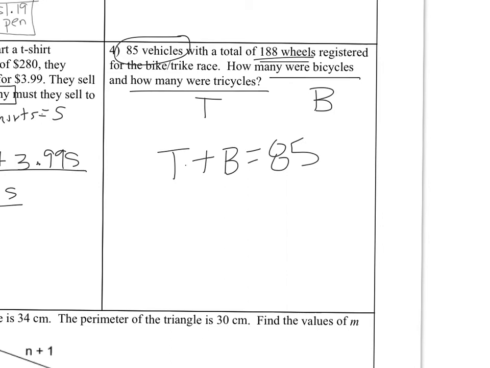And then we have a total number of wheels. The key thing is that tricycles have 3 wheels and bicycles have 2 wheels. So in this case, you could either solve this system using elimination, or you could solve for B or T up here and use substitution.